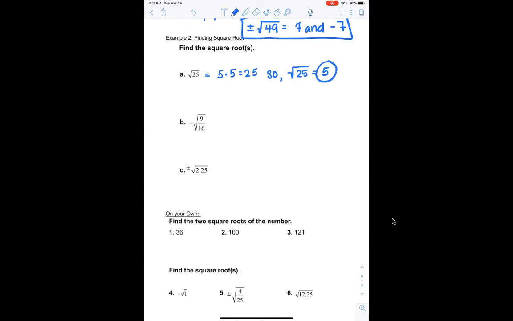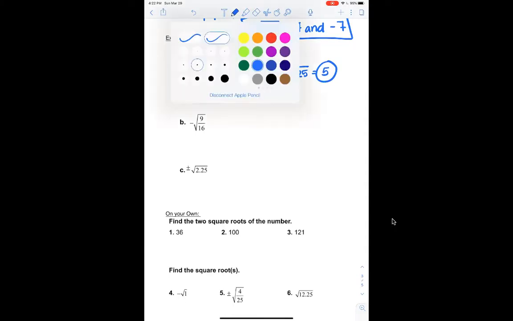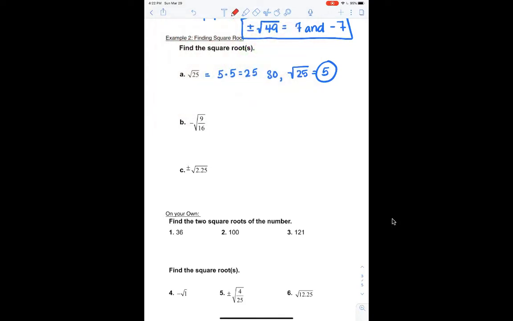Now, if you look at the problem, usted va a notar que enfrente no hay un signo de negativo, ni está el signo de positivo y negativo. So this is telling me that for letter A, la única respuesta que ellos quieren saber es el valor que es positivo, okay, the positive value. So your answer just stays positive 5.